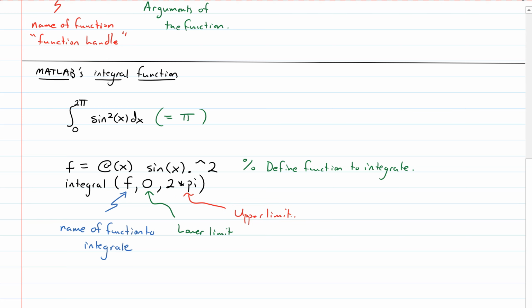And that will give you the result of the integral, the number. MATLAB is not going to tell you the function, it's going to tell you the number for the numerical integral. So let me just illustrate that using a real script.